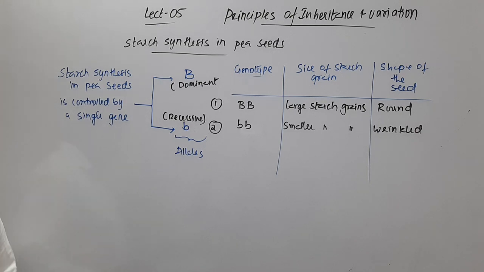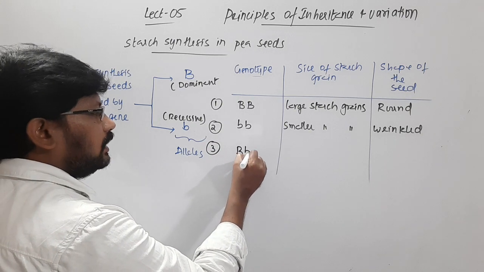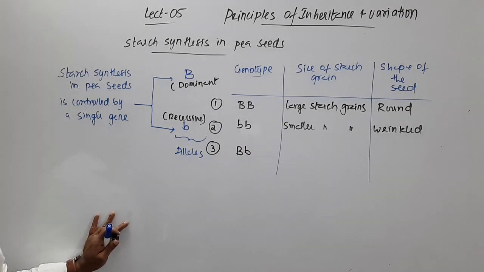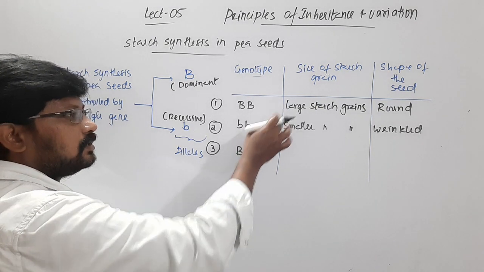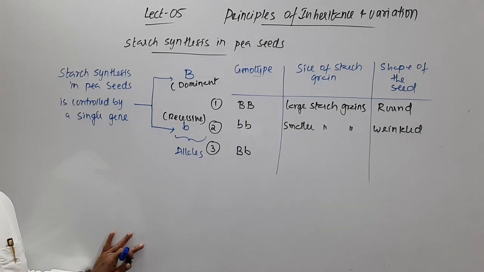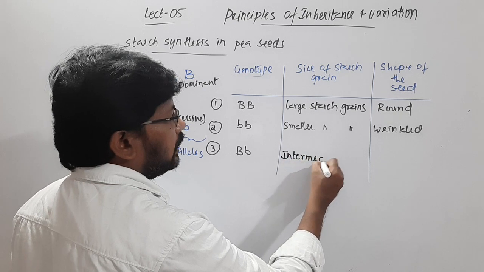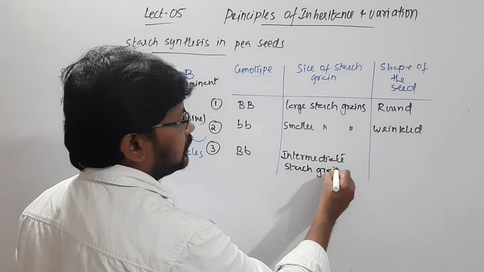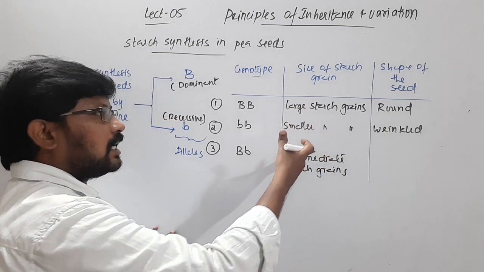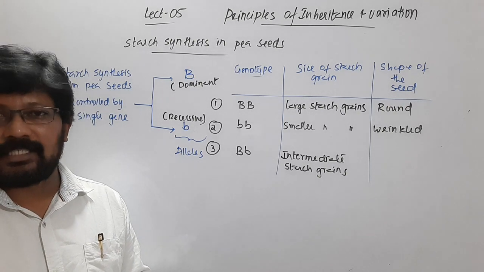Now here, in a third condition, when we see capital B and small b, actually the capital B should make it produce large starch grains, but instead we see the formation of intermediate starch grains, which means they are not larger or smaller starch grains, they are of intermediate size.